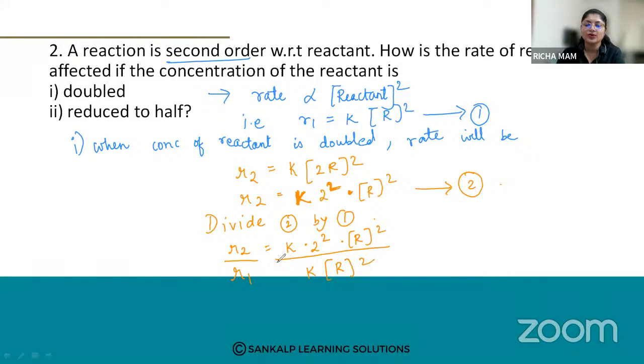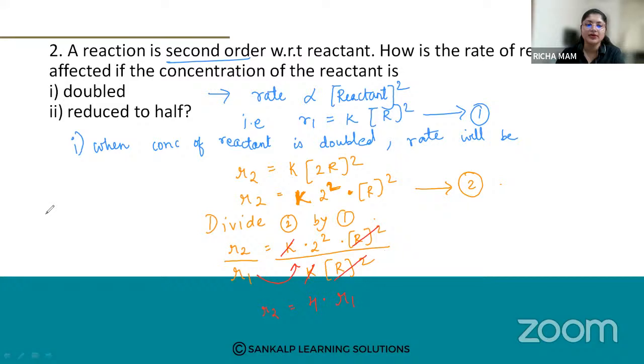What all factors will get cancelled? K will get cancelled and R square will get cancelled. So R2 will be equal to 2 square, which is 4, into R1. So R2 is equals to 4 into R1.